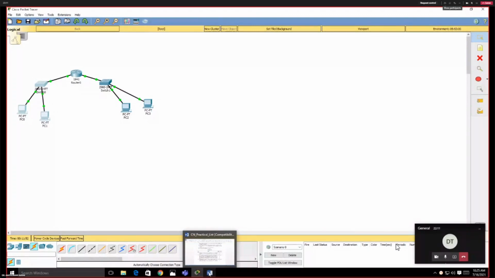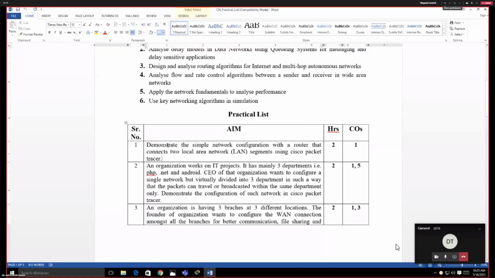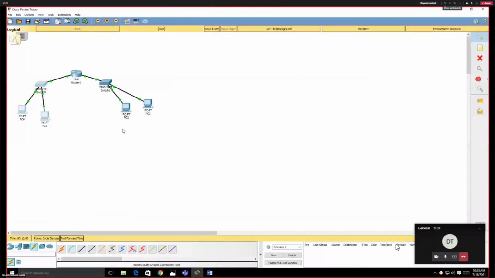Now let us go back to the aim again: to demonstrate the simple network configuration with a router that connects two LAN segments using Cisco Packet Tracer. If you go through the topology, then this topology is meeting our requirement, where we have to connect two LANs with a router.